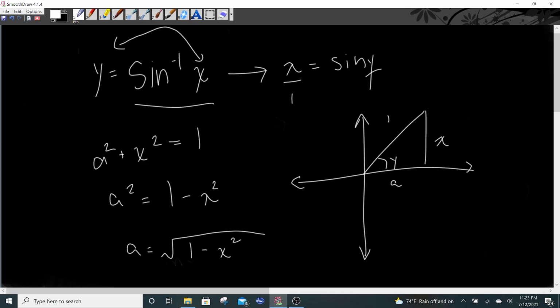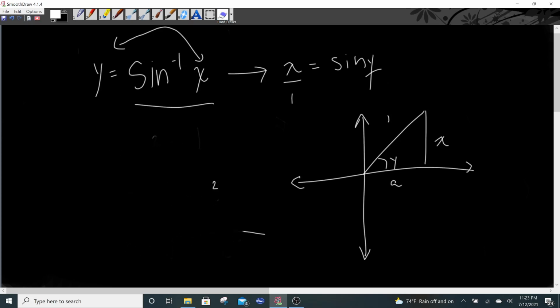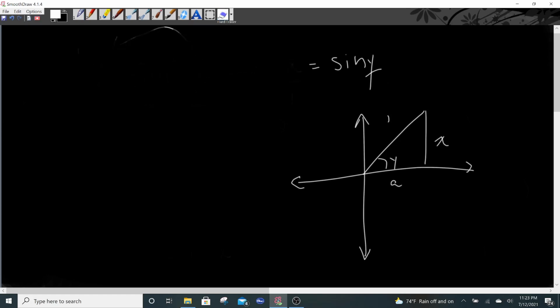People who might have skipped ahead and seen what the derivative of an inverse sine looks like might already know where this is going, but for everybody else, let me erase our original. I'll keep this triangle to make a point later on, but we have x equals sine y, and we're going to do some differentiation.